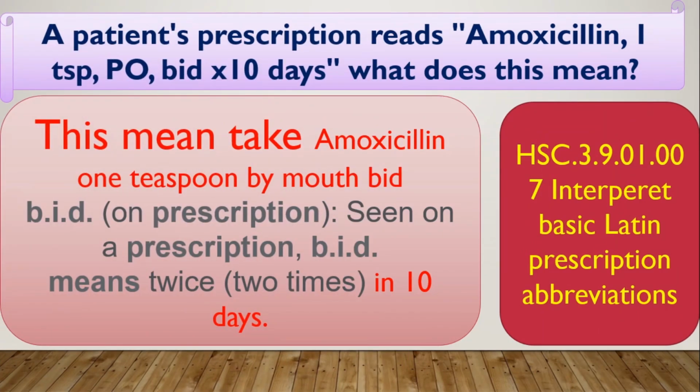A patient prescription reads: amoxicillin 1 TSP PO BID x 10 days. What does this mean? This means take amoxicillin 1 teaspoon, TSP, teaspoon, PO meaning what?